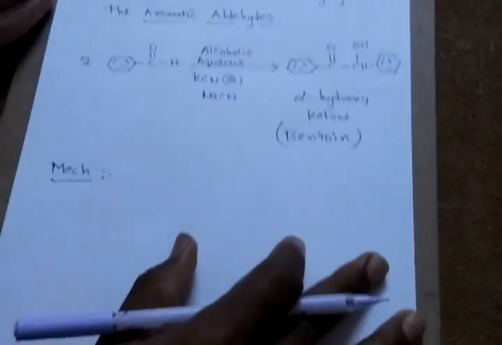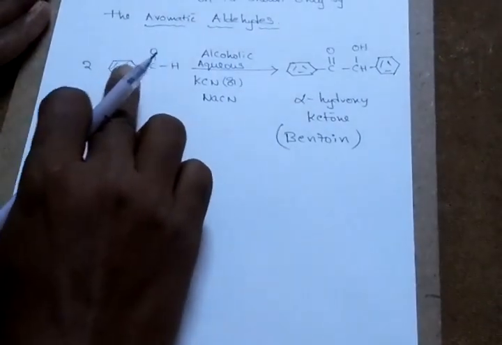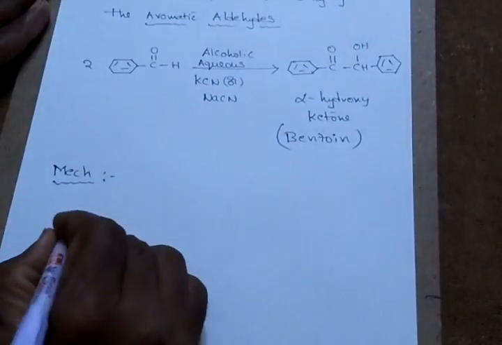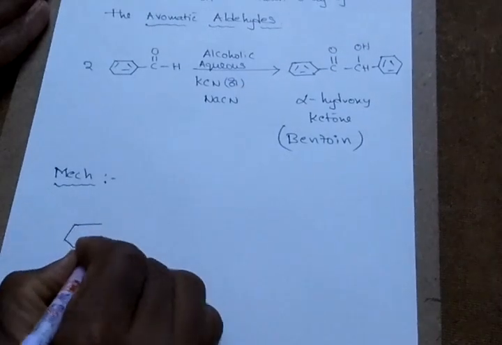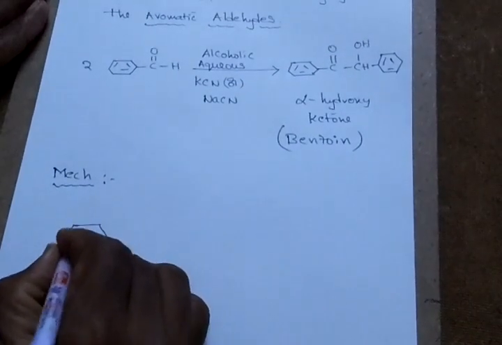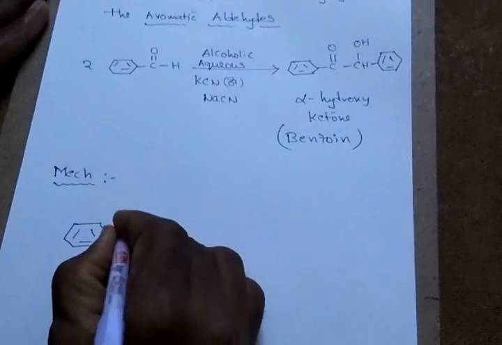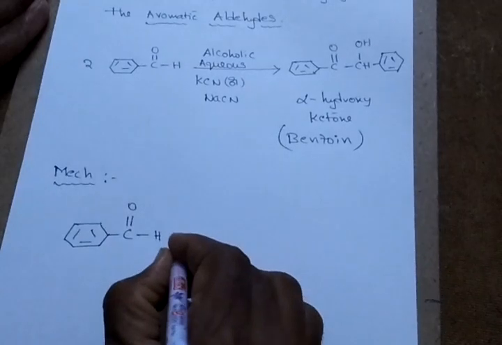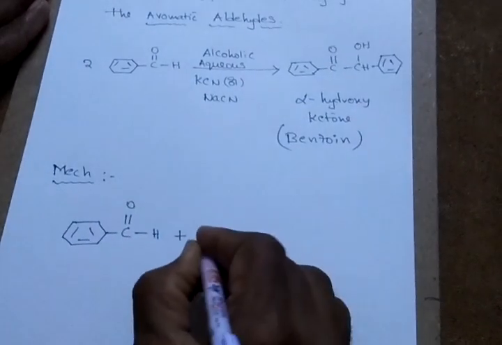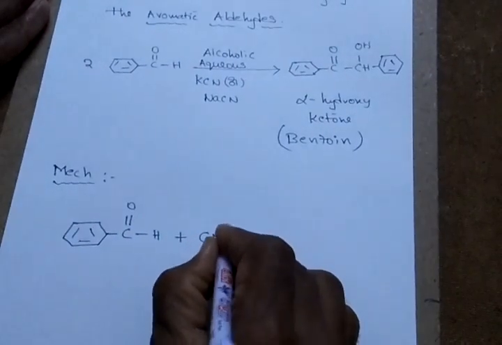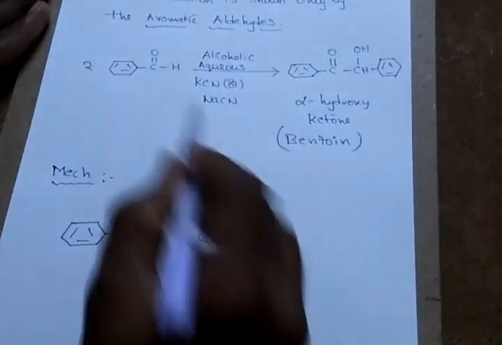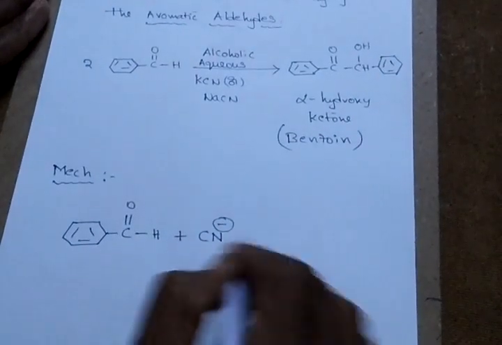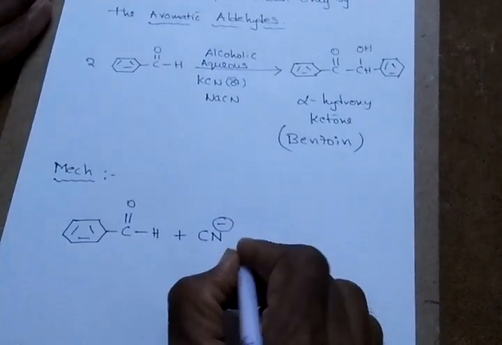Mechanism, if you look carefully, we are starting the reaction with 2 moles of aromatic aldehydes. So first of all, let us take 1 mole of benzaldehyde. And when this is allowed to react with the CN minus, which is obtained from the alcoholic aqueous potassium cyanide or sodium cyanide, then what happens?